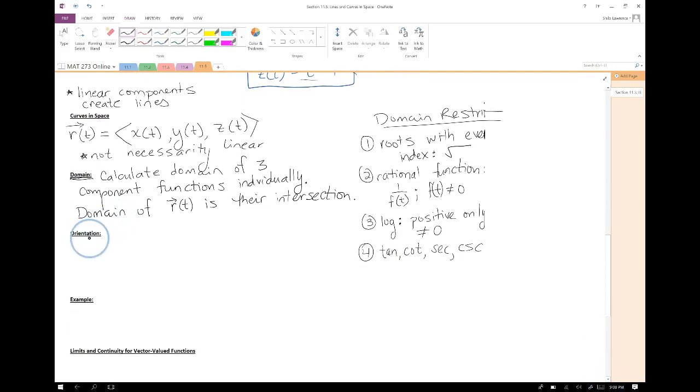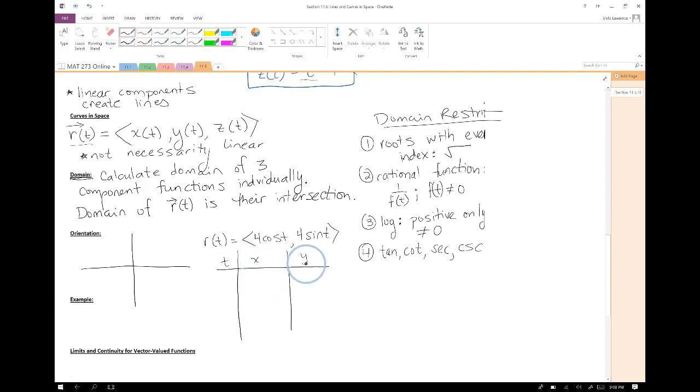These curves in space also have something called an orientation. Since they're represented by vector-valued functions, remember that vectors always have to have a direction associated with them. So if we were to have a vector-valued function with components 4 cosine t and 4 sine t, we can draw this vector-valued function by picking values for t and calculating what the x and y values are that go with it.